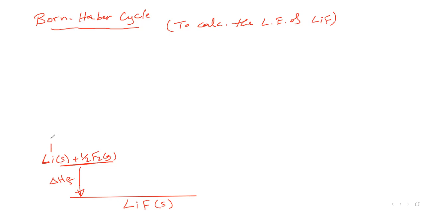For the lithium, by the enthalpy change of atomization, we are going to change it from lithium solid to lithium in the gas state, and the fluorine is still as it is. We did not do anything to the fluorine.